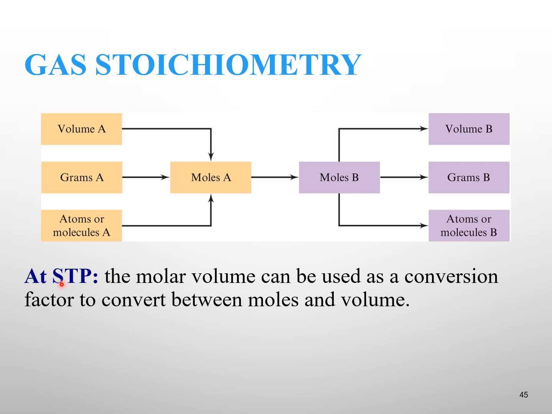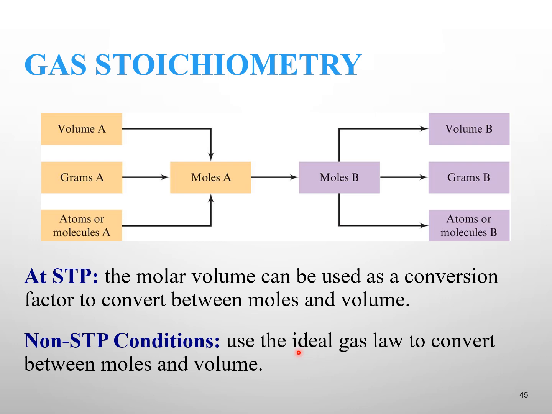So when we want to talk about volume, STP molar volume is going to be real handy, 22.4 liters per 1 mole of gas if it's at STP. If it's not at STP, we will be using the ideal gas law, PV equals nRT, to get the volumes or the moles that we need.